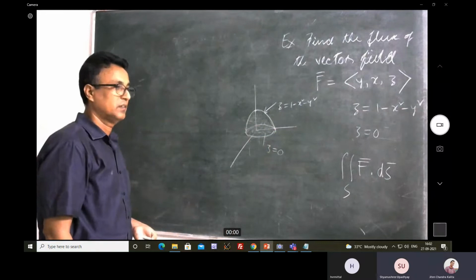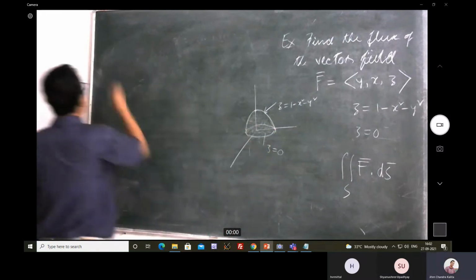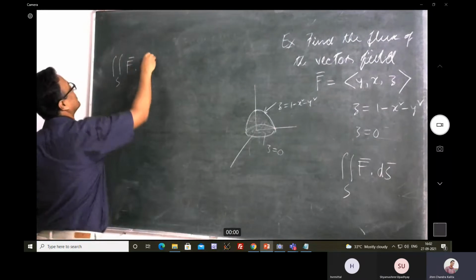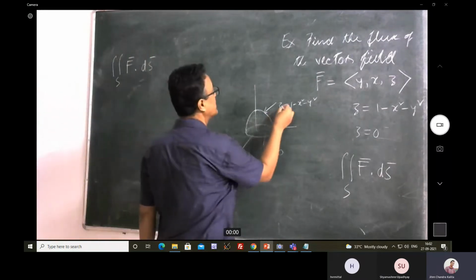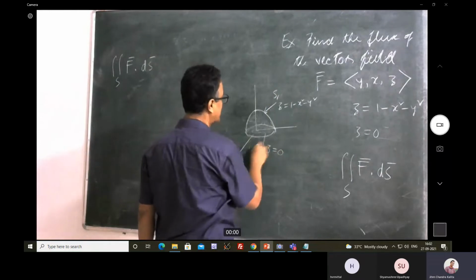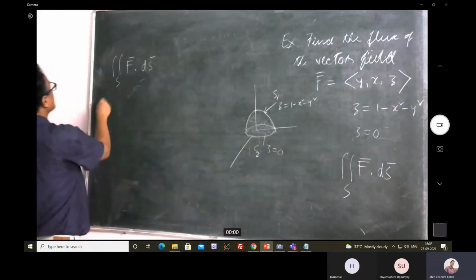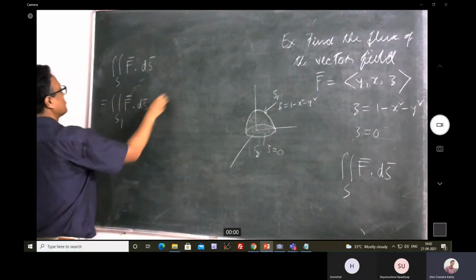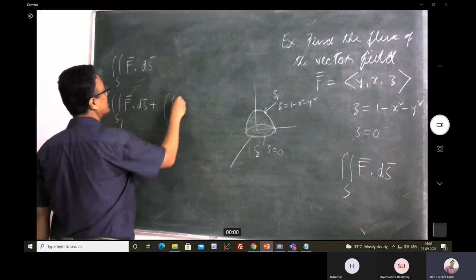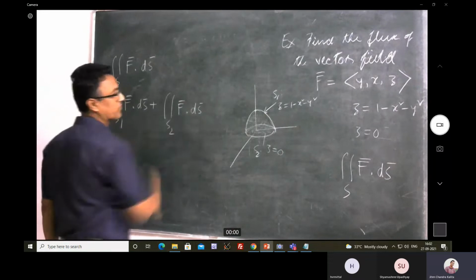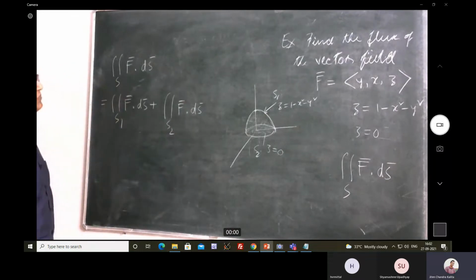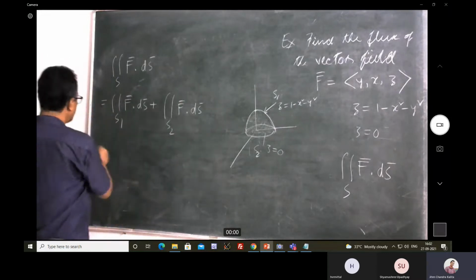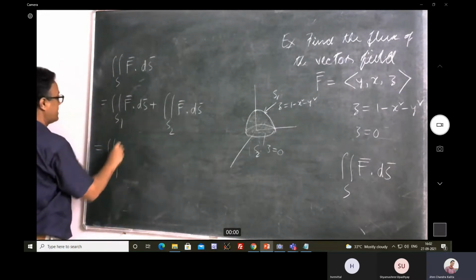Yes? Yeah. So now that means if I call this surface S1 and this surface S2, this is simply going to be the integral over S1 of F dot dS plus the integral over S2 of F dot dS. Is it okay? Fine.